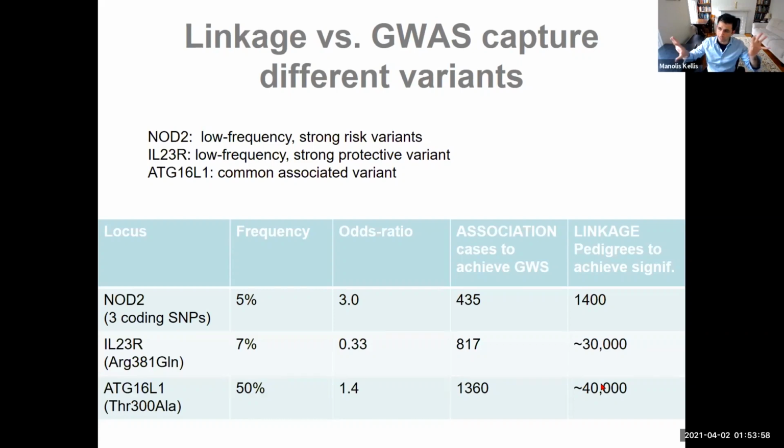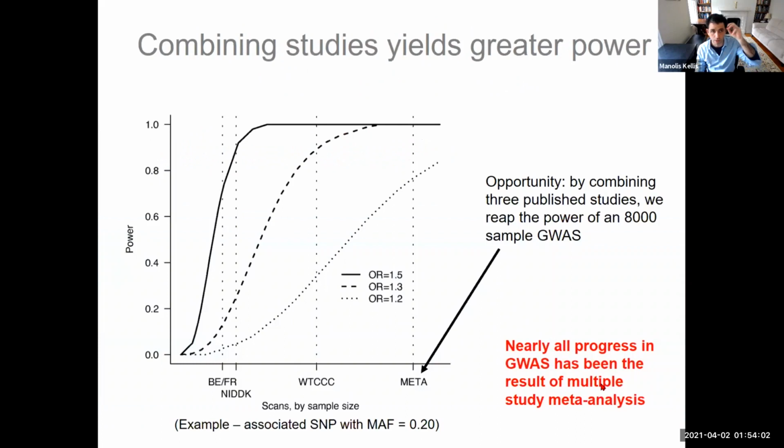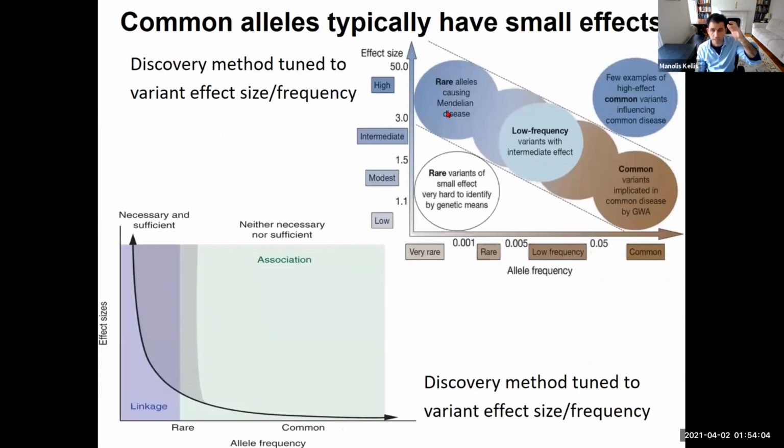So that's why linkage analysis and GWAS actually act at different regimes of common versus rare. And that's sort of the famous slide that I wanted to show you of, on one hand, you have the common variants that GWAS captures. On the other hand, you have the rare, strong effect alleles that linkage captures. Okay?